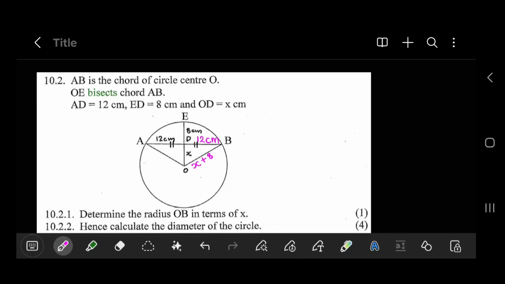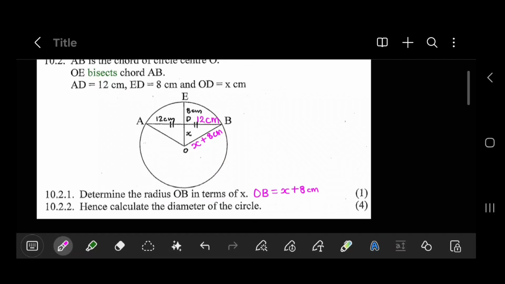They go from the center of the circle to the circumference. So here where we have 10.2.1, OB is X plus 8. We can say plus 8 centimeters if you want to put the lengths onto it. So X plus 8 centimeters.